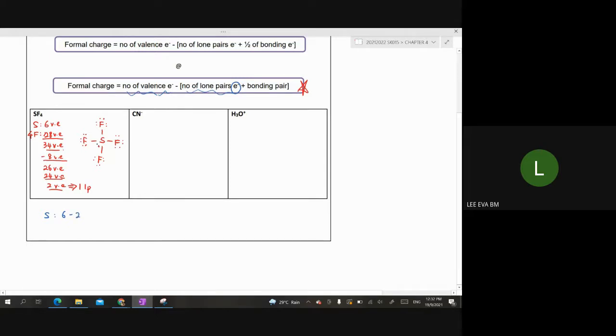Okay, 6 minus 2. Another one, if I open the bracket, that means minus the lone pair electrons, minus the bonding pair. Okay, bonding pair in this case means 1 line, 1 pair. Kan satu single bond kita ada 2 elektron kan. Kalau saya cakap bonding pair, maksudnya 1 line, 1 pair. So sulfur ada berapa line?